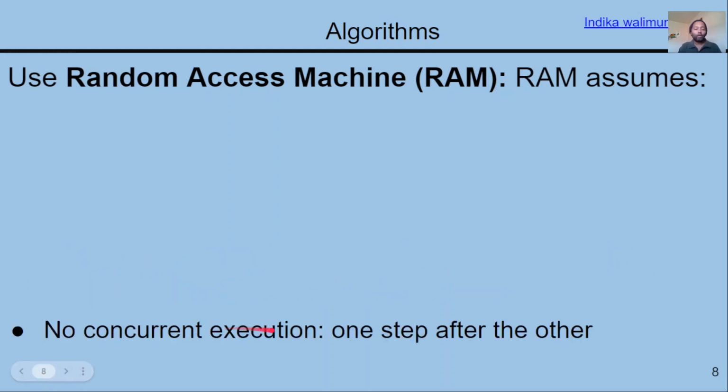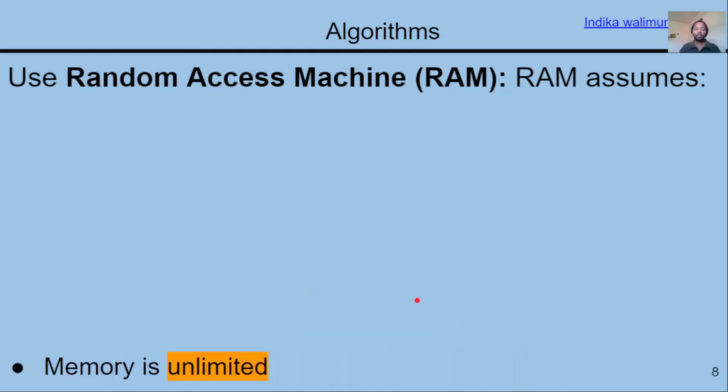So there's no concurrent execution. Another assumption is that a single program runs from top to bottom, one after the other. So each step and then the next step. There's no simultaneous execution of two or more steps, and the memory is unlimited. So there's no limitation of memory, which means memory access is uniformly available.